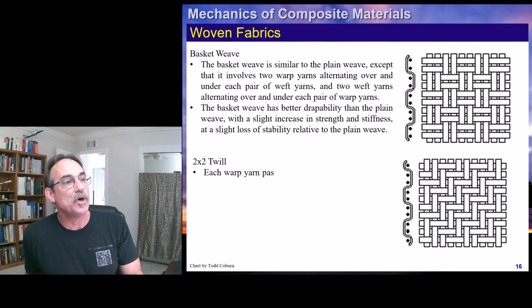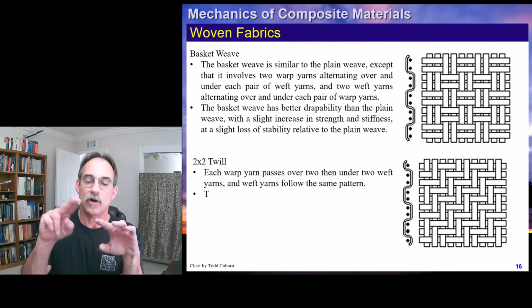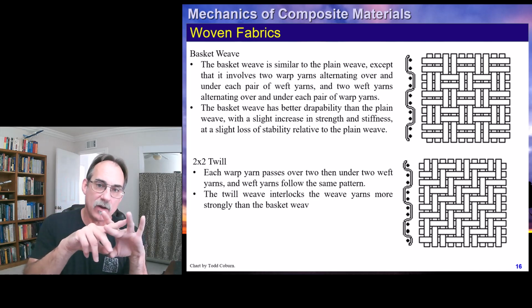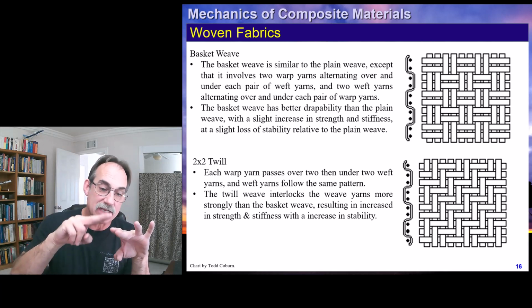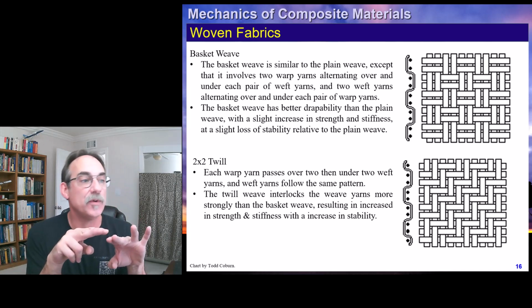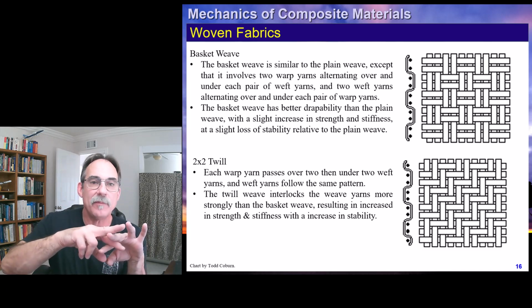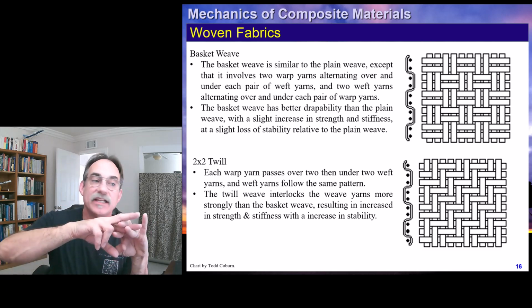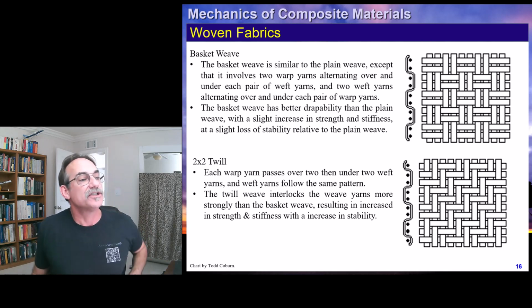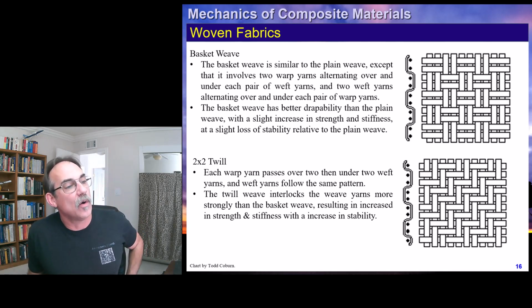The 2x2 weave is similar. Instead of 1 and 1, or 2 and 2, it's 2 and 2, except one of them is offset slightly in its weave pattern, like this. So each yarn will go over 2, under 2, but you'll notice the 2 are offset.